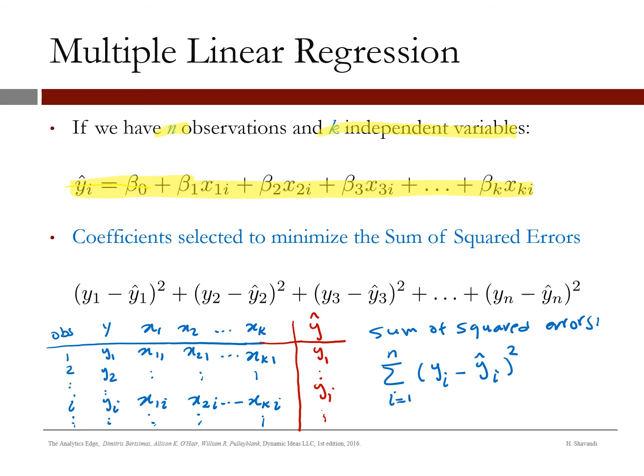So we will minimize this sum in order to obtain the values of coefficients beta 0, beta 1 up to beta k. So this is how we obtain a multiple linear regression model.